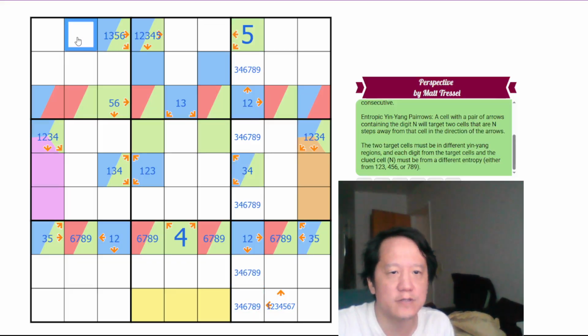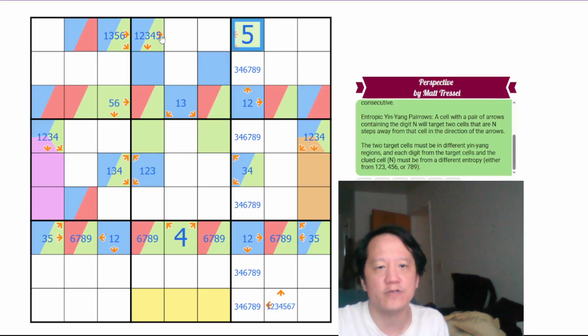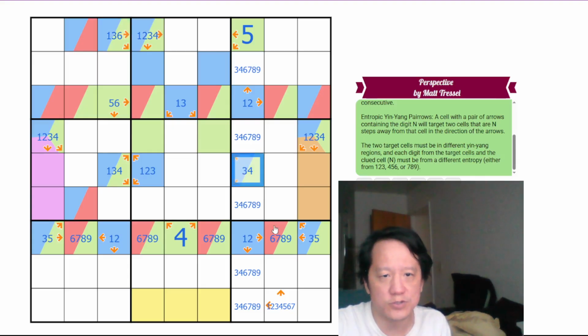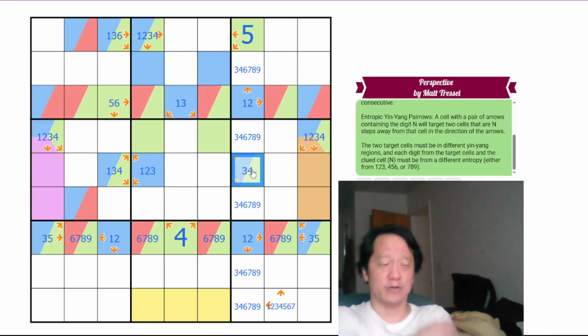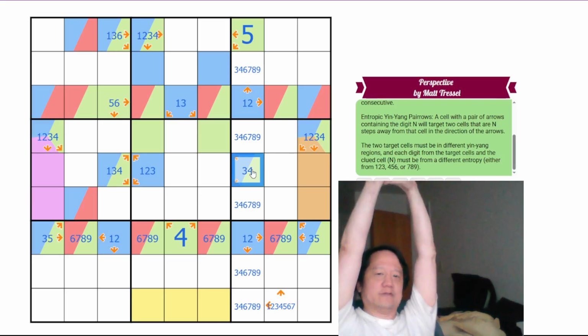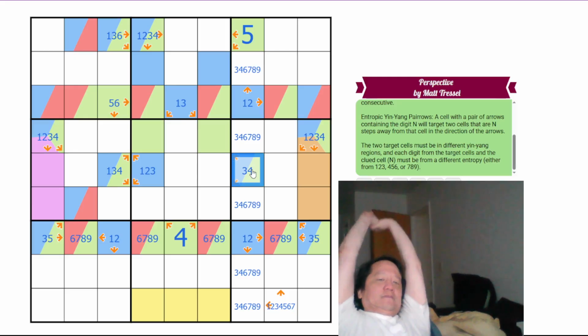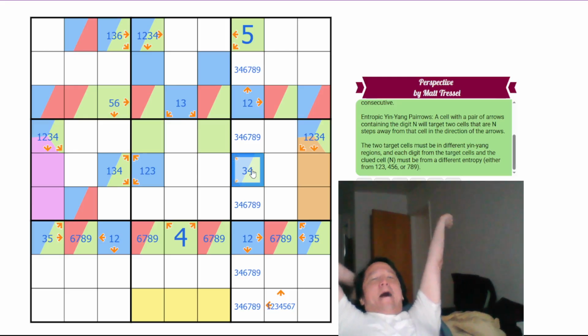That means these have to be different regions, but these are a low-high pair. 5 eliminates 5 from the rest of the row also, aside from removing it from the column. That was a long, convoluted way of showing that, but okay. Oh!